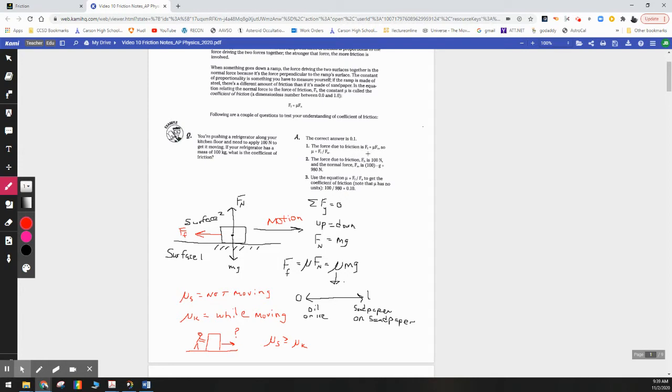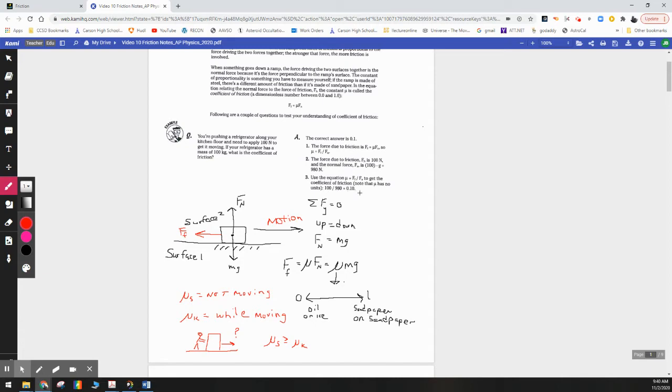Up here is the equation we're going to be using, and we're going to solve for mu. The force of friction is 100 newtons, and the normal force is going to be 100 times g, and g of course is 9.8. If we solve for mu, we should get approximately 0.1. So this is a pretty slippery surface.